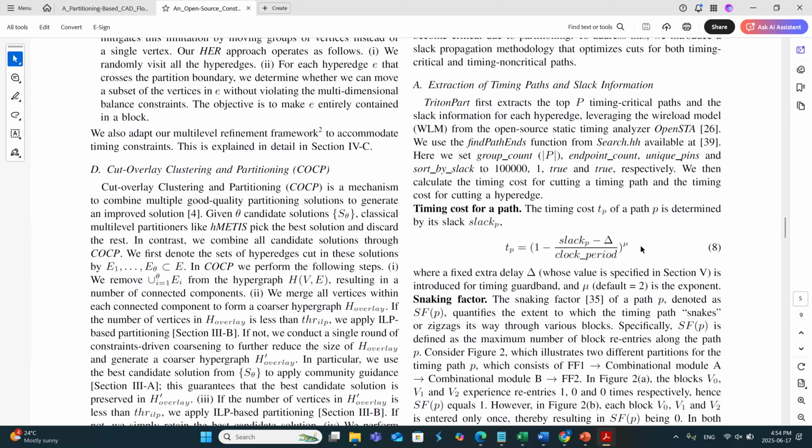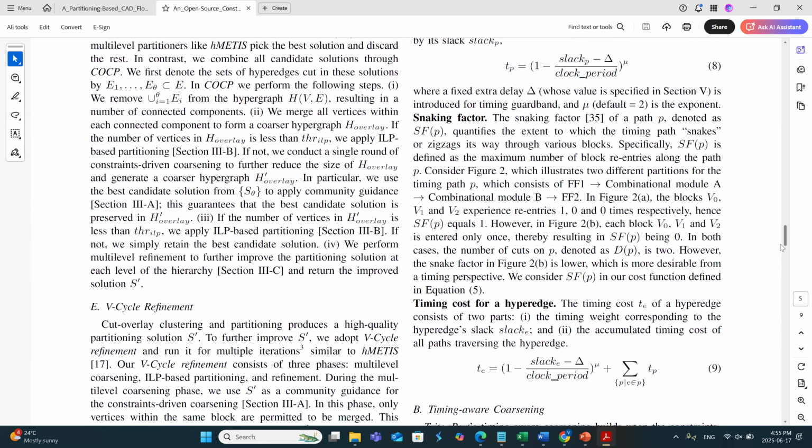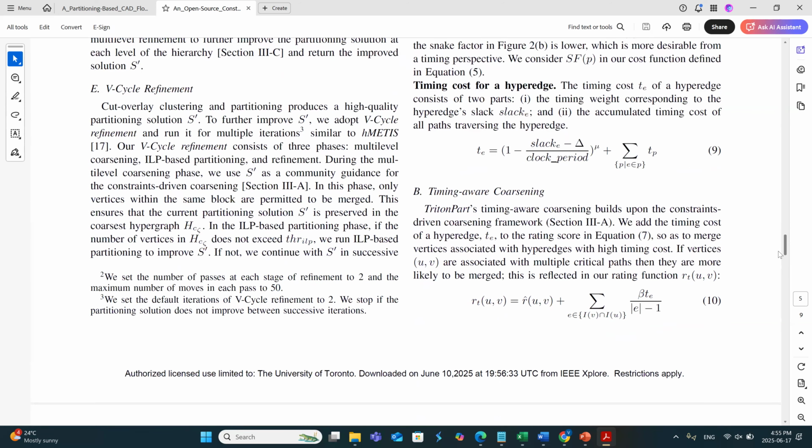So that's probably familiar. And this is basically the same thing for edges. The weight of a hyperedge is basically a function of its slack. And I guess this is actually another way they're bringing the paths in.